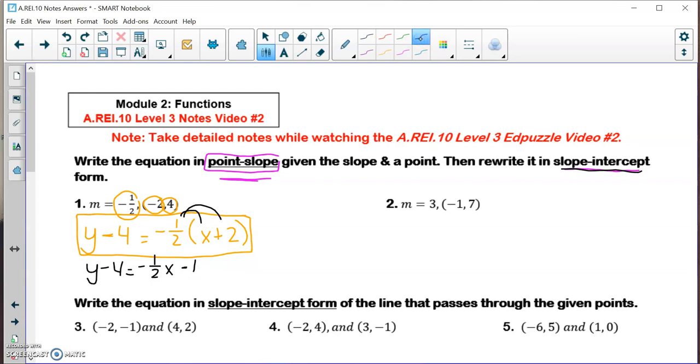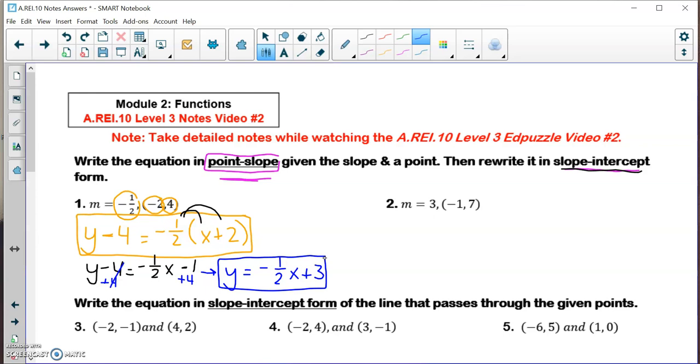And now I'm going to add 4 to both sides. And it is in slope-intercept form. So the yellow equation, remember, was point-slope form. The blue equation we have now in slope-intercept form, and that's what they asked us to do.